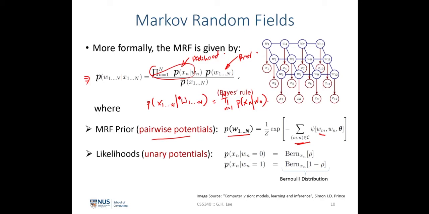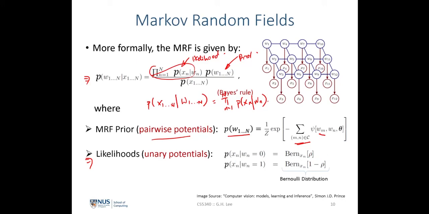The second term over here, which is the likelihood term that we're interested in, is otherwise known as the unary potential, where in this case we are simply going to model this as a Bernoulli distribution. Suppose that, conditioned upon the case where wn, our latent random variable that corresponds to the observed random variable xn, equals 0, then we are going to assign it a probability of rho.